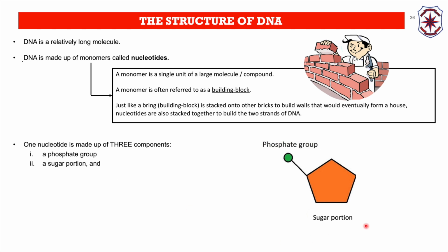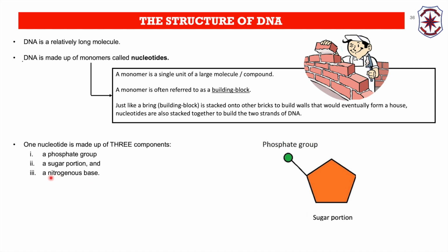There is our sugar portion. So it is the sugar portion and the phosphate group. And then the last component is what we call a nitrogenous base. Very careful here again. Not nitrogen base, not the element nitrogen. The base contains nitrogen.